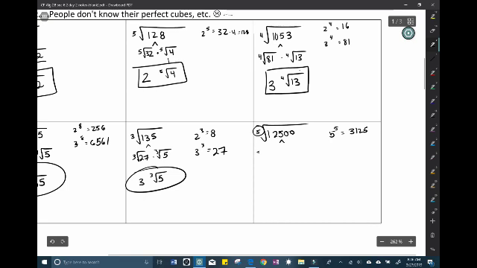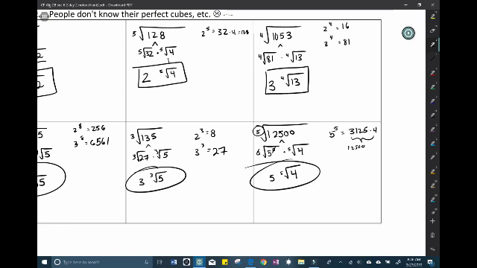So we know the 5th root of 5 to the 5th, and you would have to multiply that by 4, because 3125 times 4 equals 12500. You end up with 5 times the 5th root of 4.